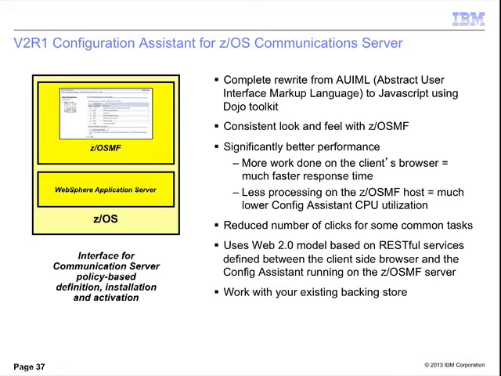We have seen substantial differences. When you think about using a browser environment, I wouldn't believe it would be that visible to the eye. But if you actually run a demo now, you look at the R13 version of CA alongside the 2.1 version, and you click on one and you click on the other, you see a very real difference in the amount of time it takes to respond and repopulate the next panel and so forth. It's a substantial improvement that you will see once you've tried the 2.1 Config Assistant.